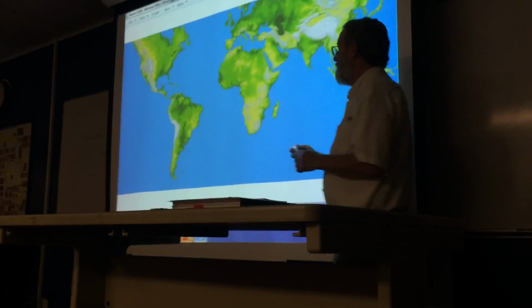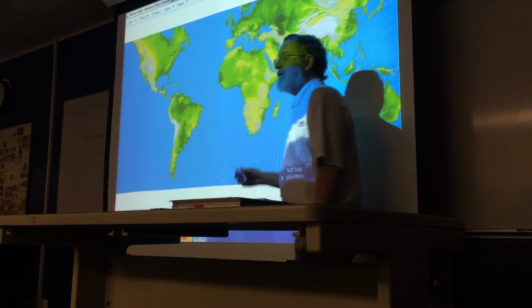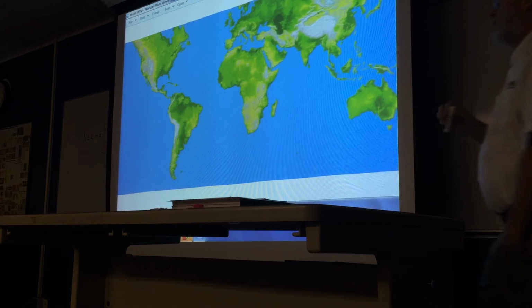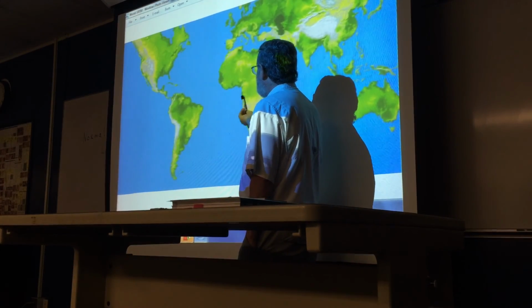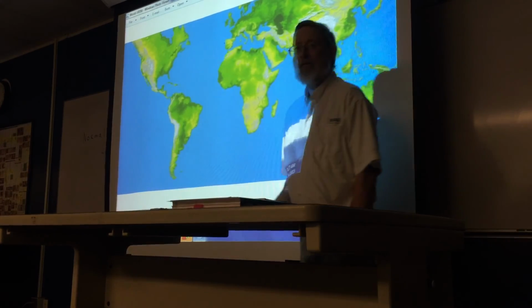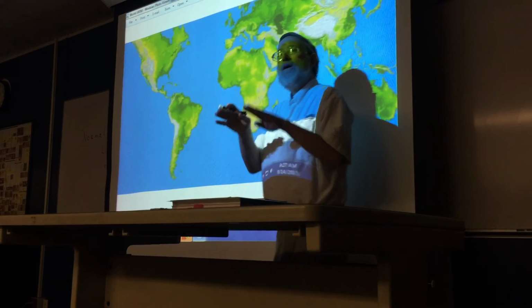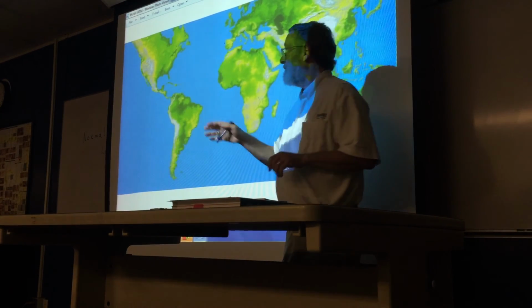If we look along this western margin of Africa, this is a normal fault dominated system, where we have several normal faults stepping out into the Atlantic. This zone in here is a little bit of an extension and strike slip system.